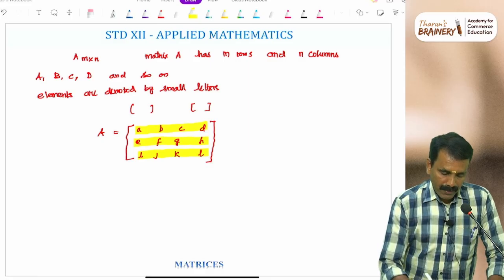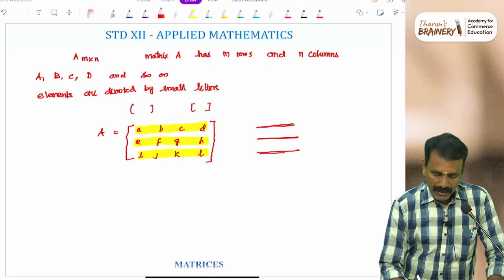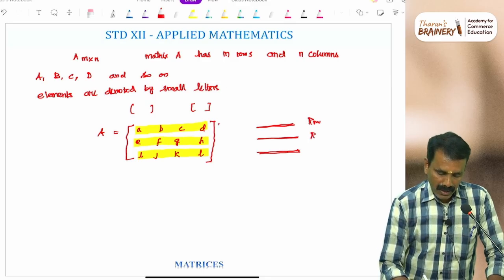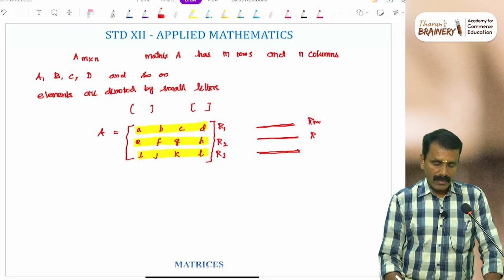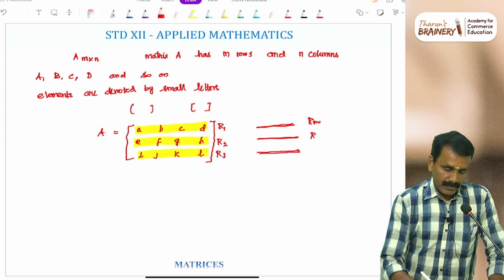So, the elements present in this horizontal way are called row elements. So, this is R1, this is R2, this is R3. And vertical arrangement is called column.